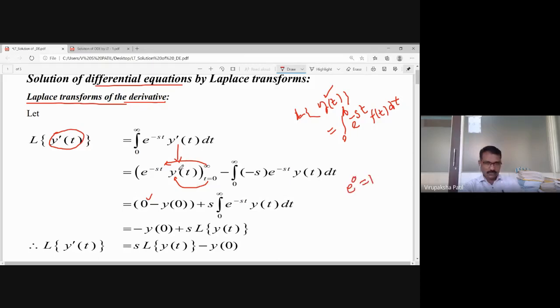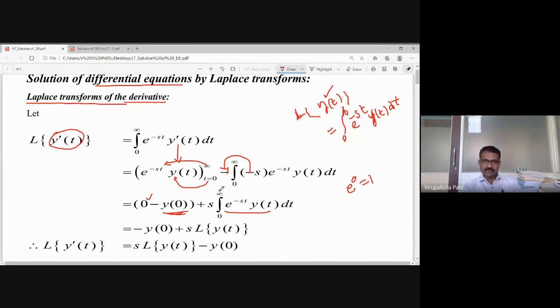So next, y of t is there, put t equal to 0, here you will get y of 0, that is y at t equal to 0. This will be the initial condition. Let us discuss this afterwards. Then minus into minus becomes plus. s is a constant, take it outside, integration 0 to infinity, you are left with e to the power minus st into y of t dt.